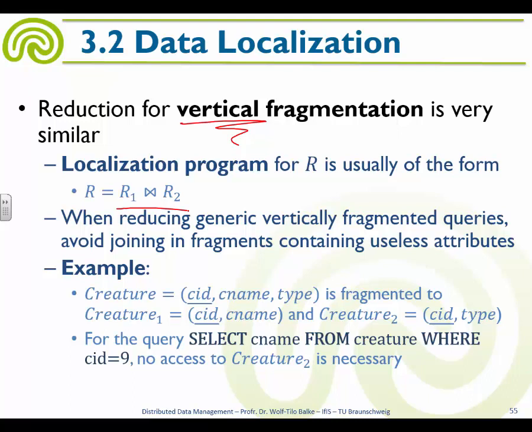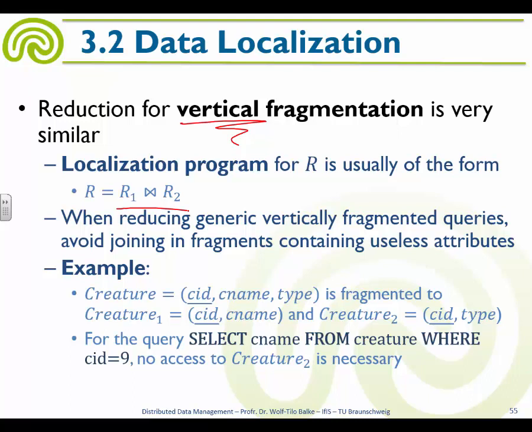So the table is somehow split column-wise, right? And of course, when you do a vertically fragmented query, then the attributes occurring in that query will directly tell you which fragments of the table you actually need, right?